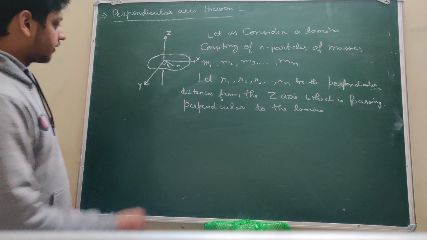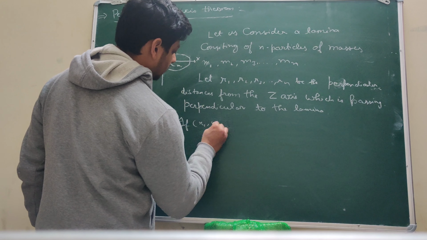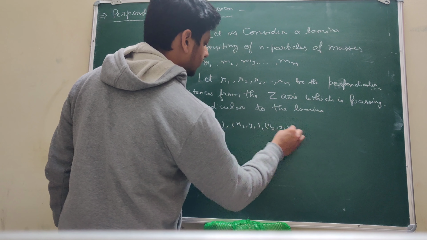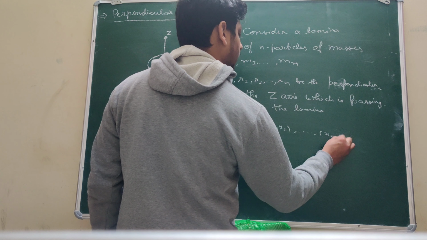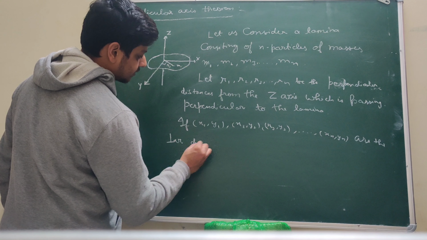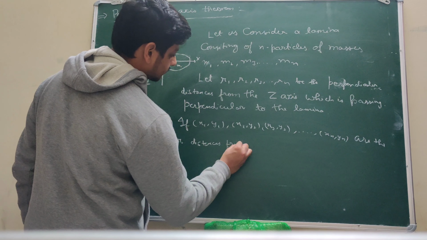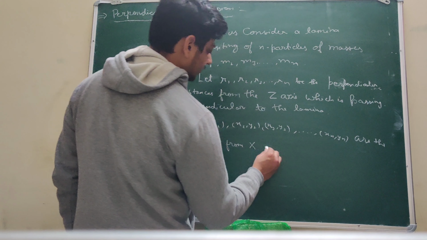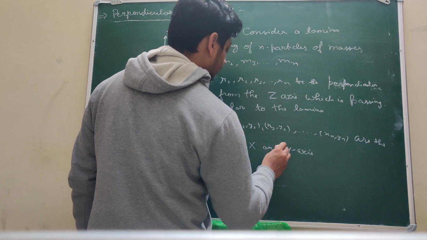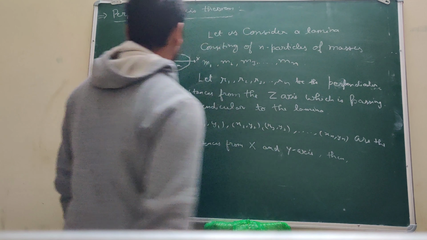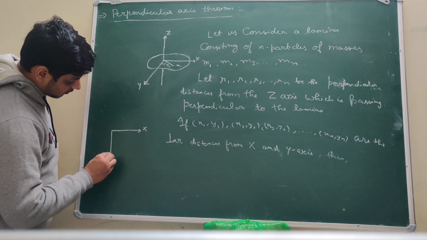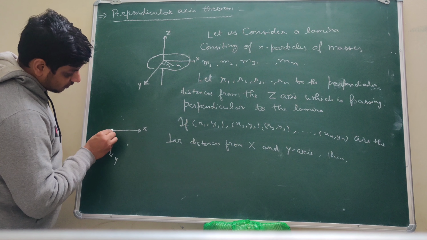So we can write here, if x1, y1, x2, y2, x3, y3 up to xn, yn are the perpendicular distances from x and y axis, then see, this is our x-axis and this was our y-axis, and this is distance r.